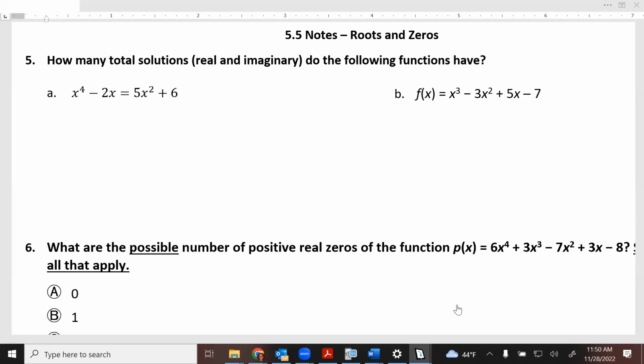So what numbers am I multiplying together? 2 times -3. What is 2 times -3? -6. So I need 2 numbers that multiply to give me -6, but add to what? -1, my B value.